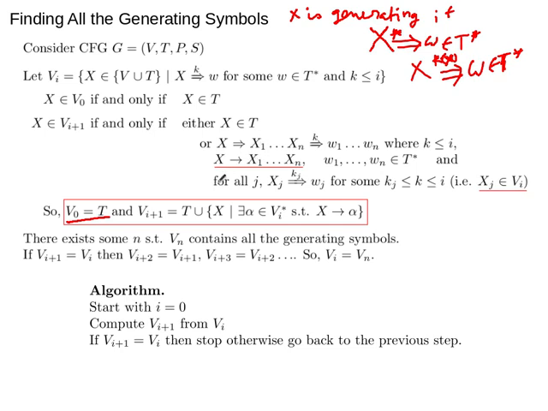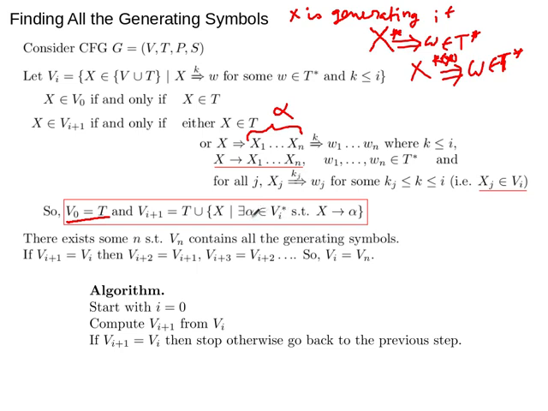So if I call this thing alpha, then this is what we have for Vi plus 1. Either it is a terminal, so you take the terminals union all the x's such that you have a production from x to alpha, such that all the symbols here are in Vi.